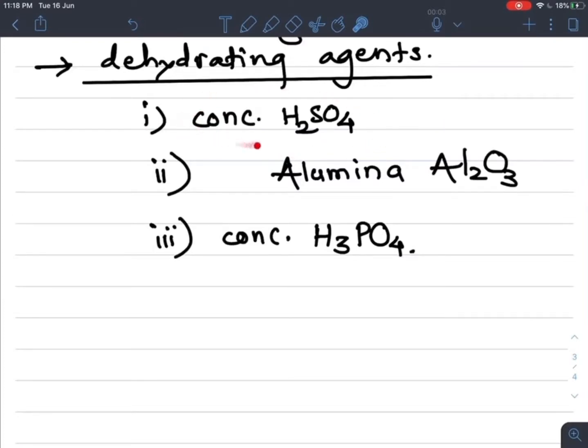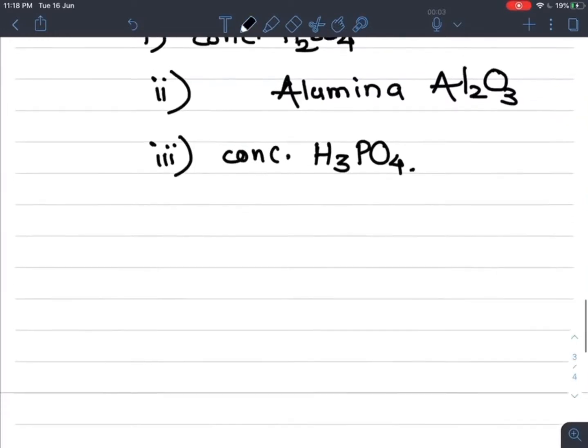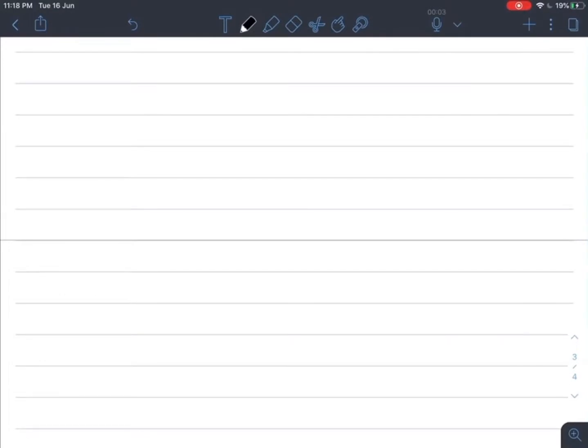So burning of sugar takes place due to removal of water molecules. From sugar, if we put concentrated H2SO4, there is dehydration, that is removal of water, and we get carbon, that is the burning of the sugar. So like this, removal of water means dehydration.